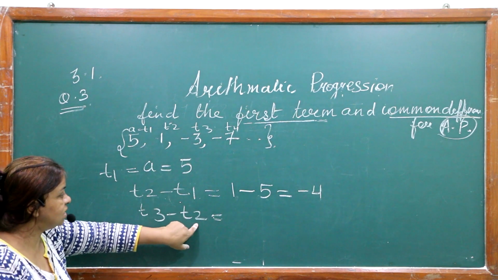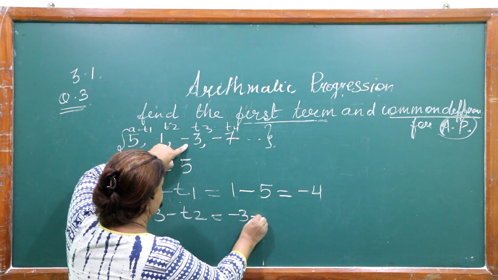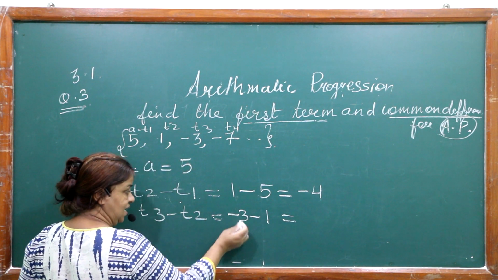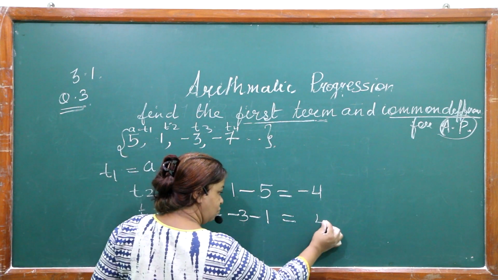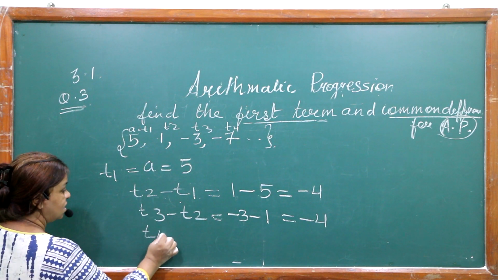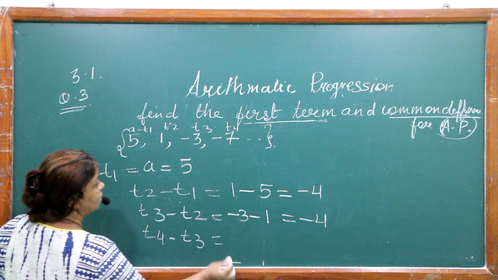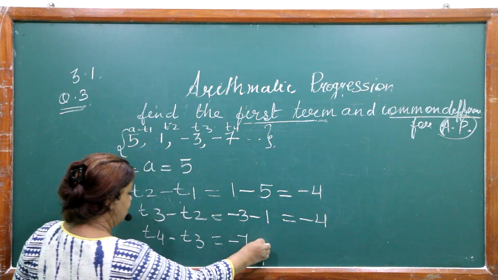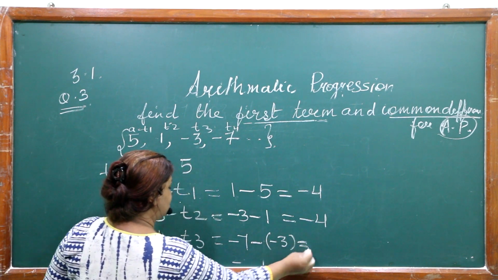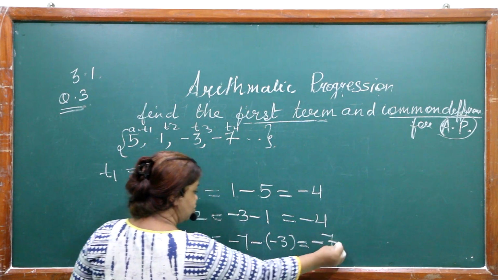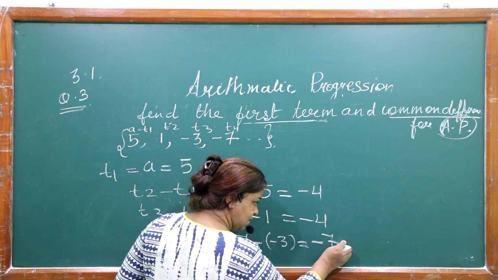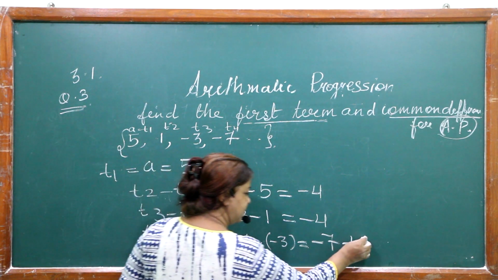Now term 3 minus term 2, that is minus 3 minus term 2, which is 1. Both have minus signs, therefore both the numbers will be added, 4 and sign minus. Now the next, term 4 minus term 3, term 4 is minus 7 minus term 3, bracket minus 3, which is minus 7. Pay attention children here, very important, minus 7. Now minus minus will become, yes, plus, and this will be 3.